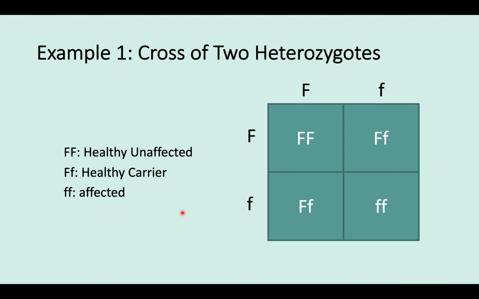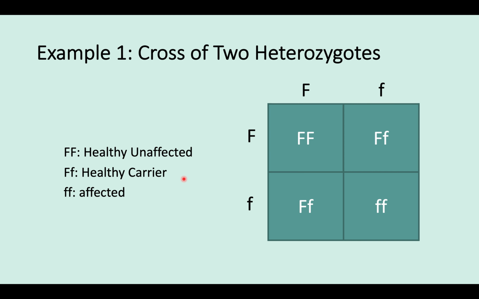So in this case, if we're talking about something that passes down, a healthy and unaffected individual would be dominant, a healthy carrier of that disease will be heterozygous, and someone who's completely affected with the disease will be homozygous recessive. So homozygous dominant is going to be right here, the heterozygous are going to be these, and the homozygous recessive is down here.